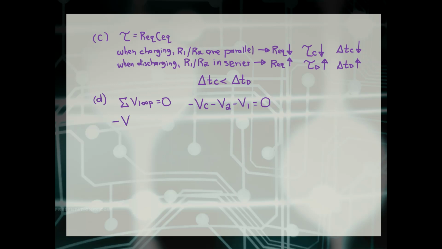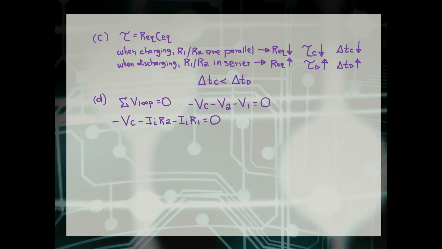So this would then be negative VC, subtract the current through resistor 2, which would be the initial current, I little I, times R2. Subtract the initial current through the circuit, I little I, times R1, and that's going to be equal to 0.